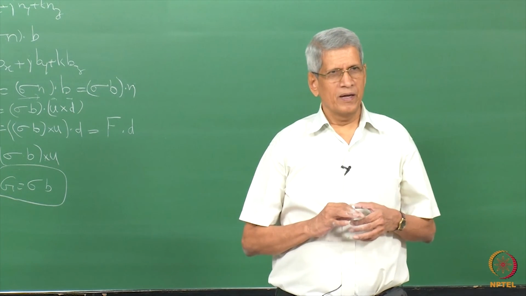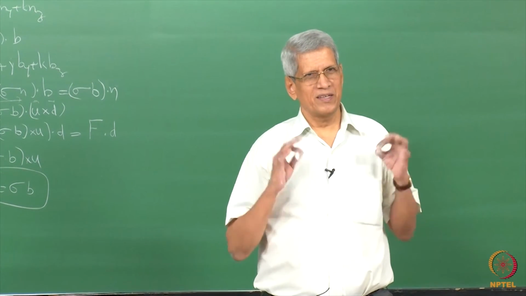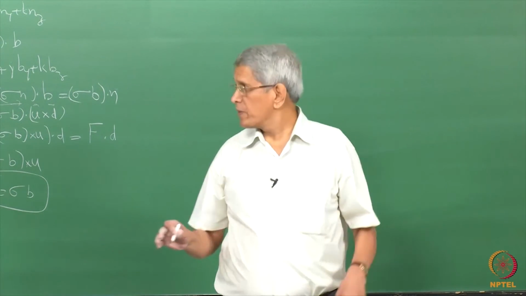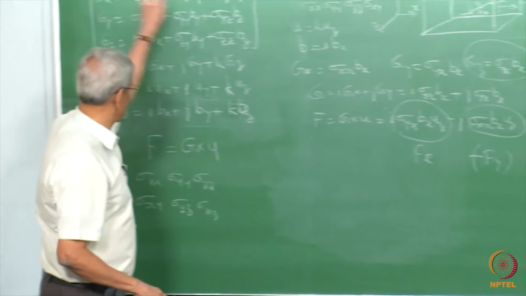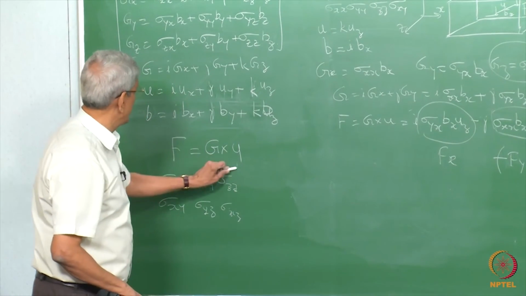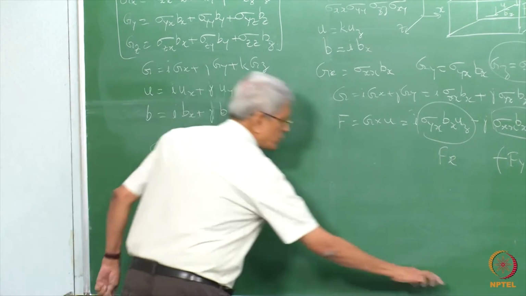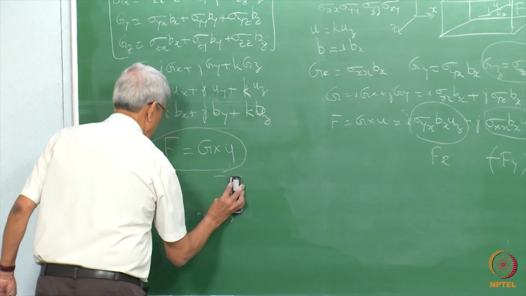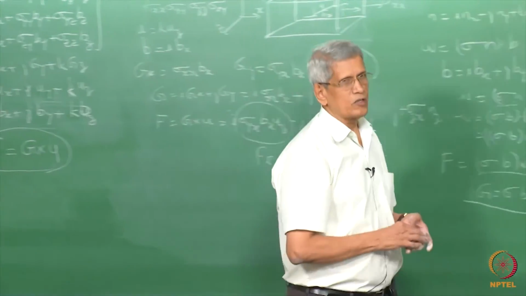This makes life much simpler because we can find out what direction the forces will be acting in. So we have to remember only these expressions, and that's all, to calculate the force which is going to act on a dislocation.